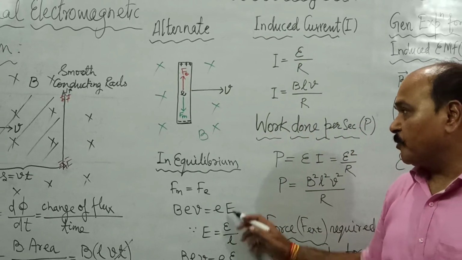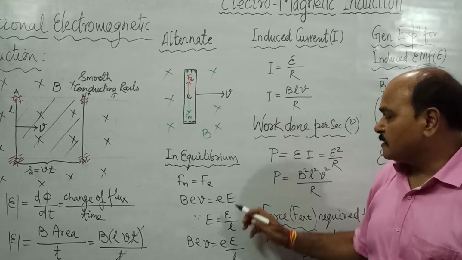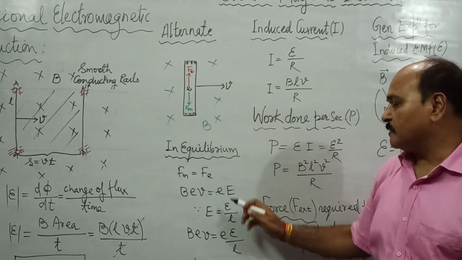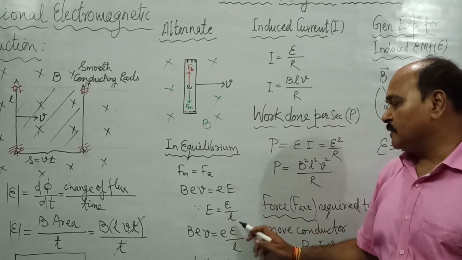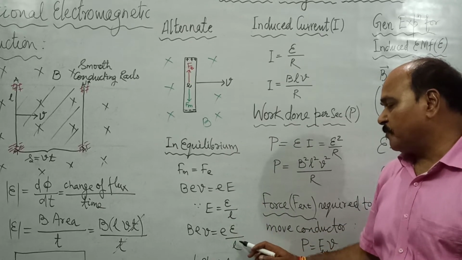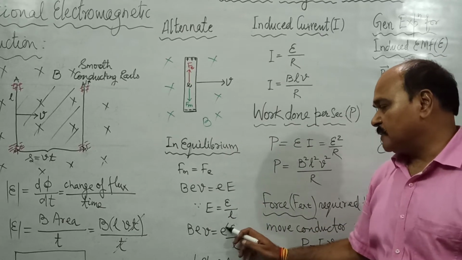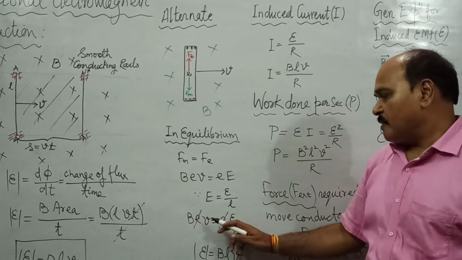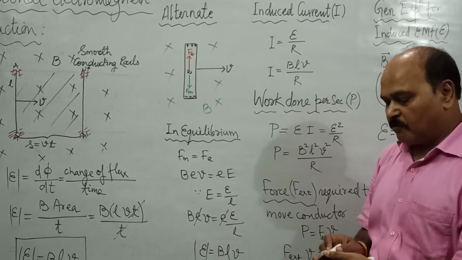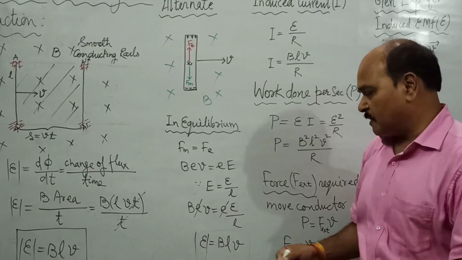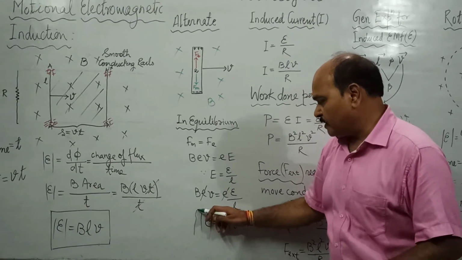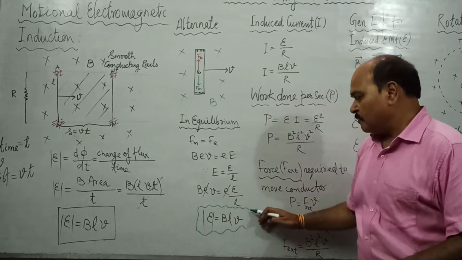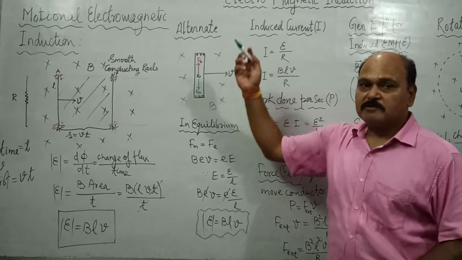It is the potential difference, that is induced EMF e, upon L, the length of the conductor. If we substitute for E, induced EMF upon L, we can see that this e cancels out. What do we get? e is equal to BLV. This is the value of induced EMF which is created. So this is another way of finding out the motional induced EMF across the same conductor.